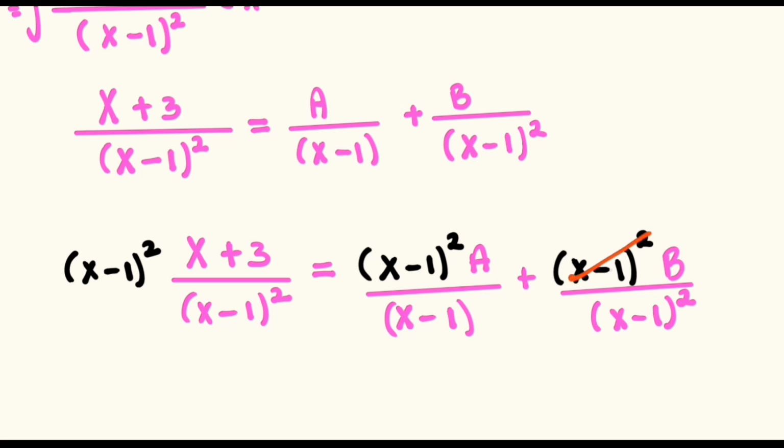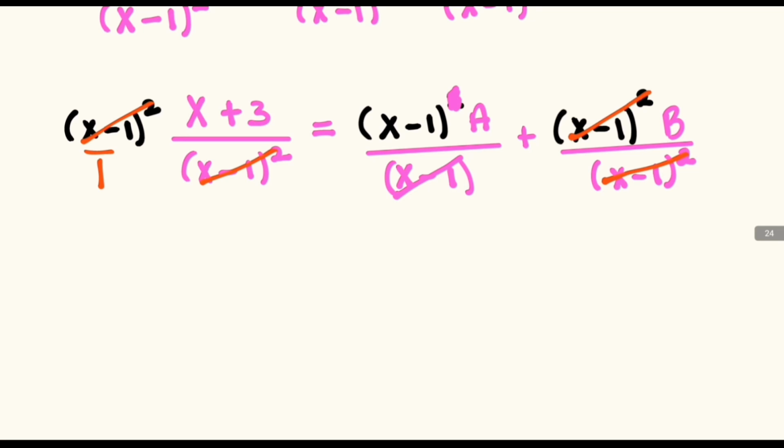That x minus 1 squared and that x minus 1 squared will cancel out, and that x minus 1 squared and that x minus 1 squared will also cancel out, and one of the x minus 1 squared in the numerator will cancel out with that x minus 1, and we will be left only with x minus 1 multiplied by a. So on the left hand side we have x plus 3, and this will be equal to x minus 1 multiplied by a plus b.